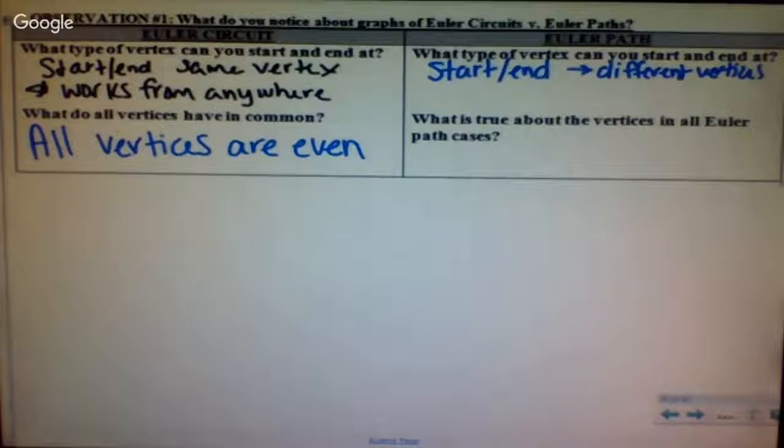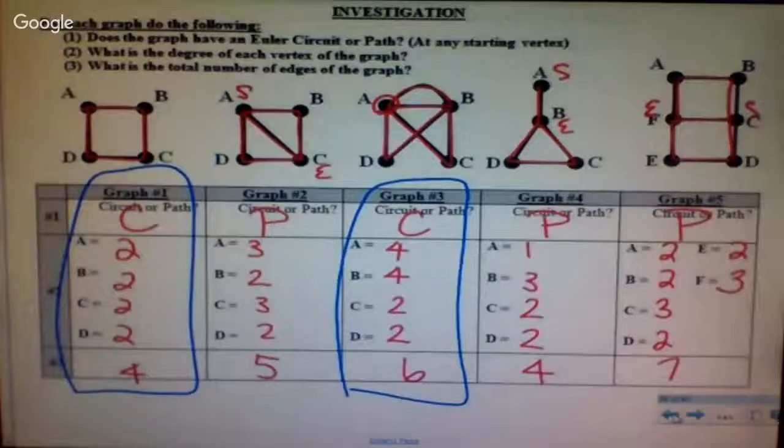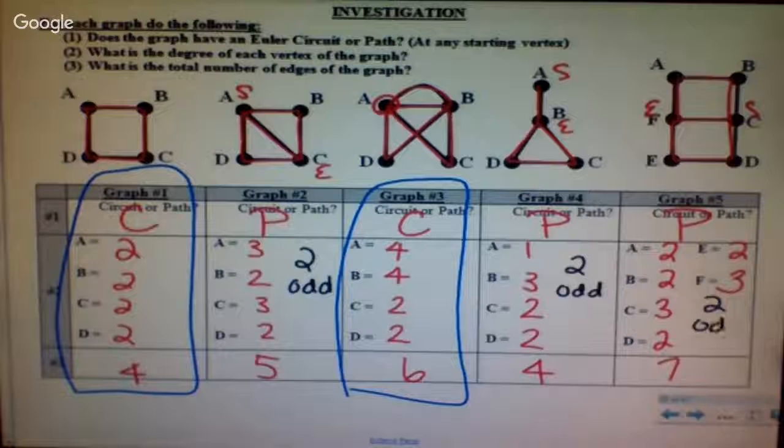All right. So let's go back at this. Take a look at all of your paths. Some vertices are odd. How many are odd in graph 2? 2 odd. How many are odd in graph 4? 2 odd. How many are odd in graph 5? So they always got 2 odd.